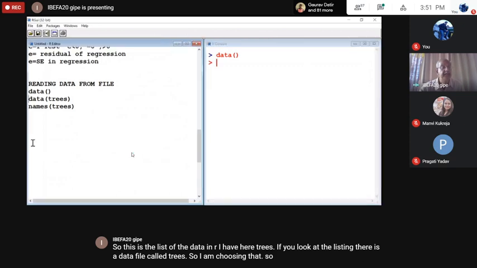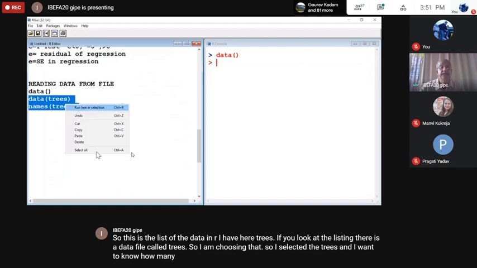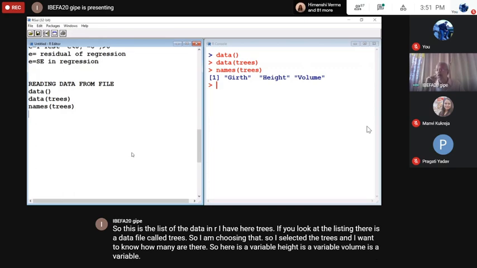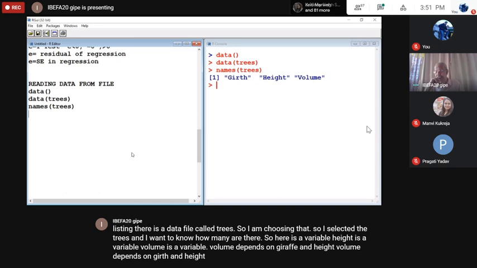So I selected the trees and I want to know how many variables there are. Girth is a variable, height is a variable, volume is a variable. Volume depends on girth and height. But I'm taking for the moment girth.